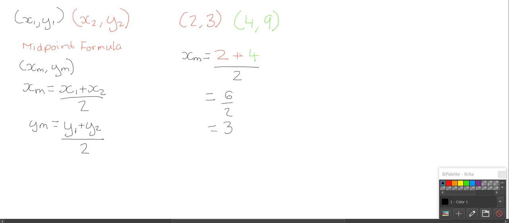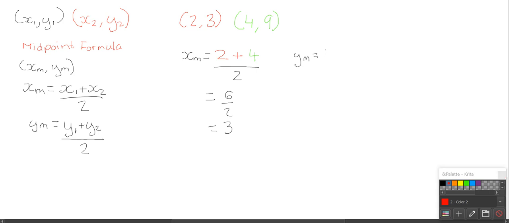Now, if we think about this logically, what number is halfway between 2 and 4? It should be 3, and that's the answer that we got. So this will always work for you algebraically. You don't need to think too hard about it. Let's go ahead and find the y coordinate now. So ym would be equal to, change my color to red, and find my cursor again, goodness me.